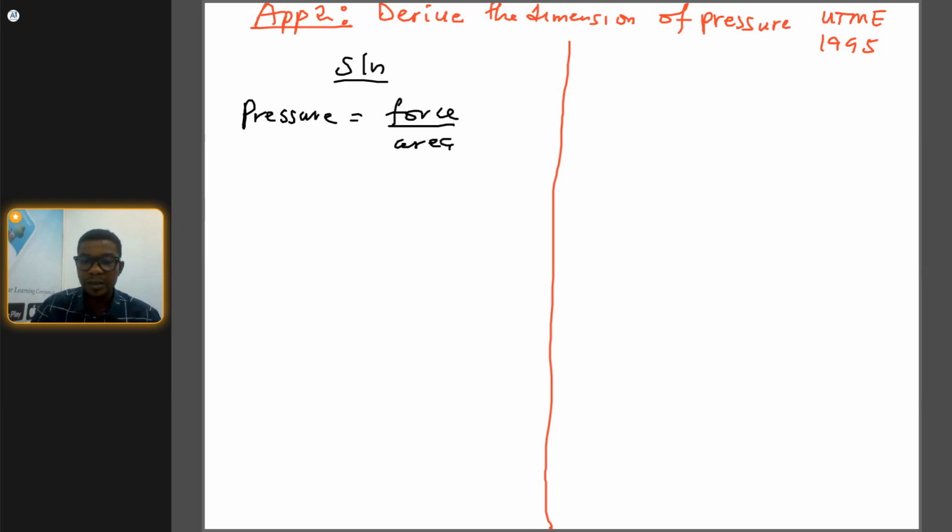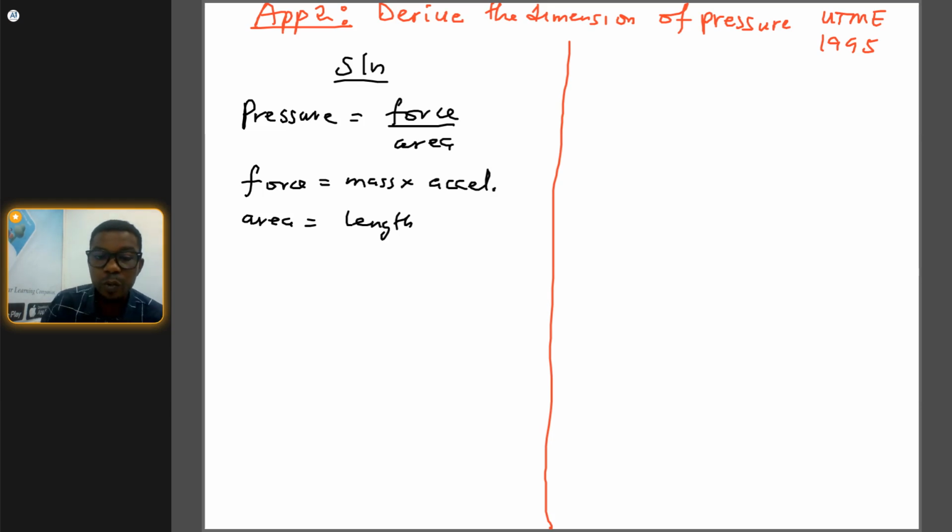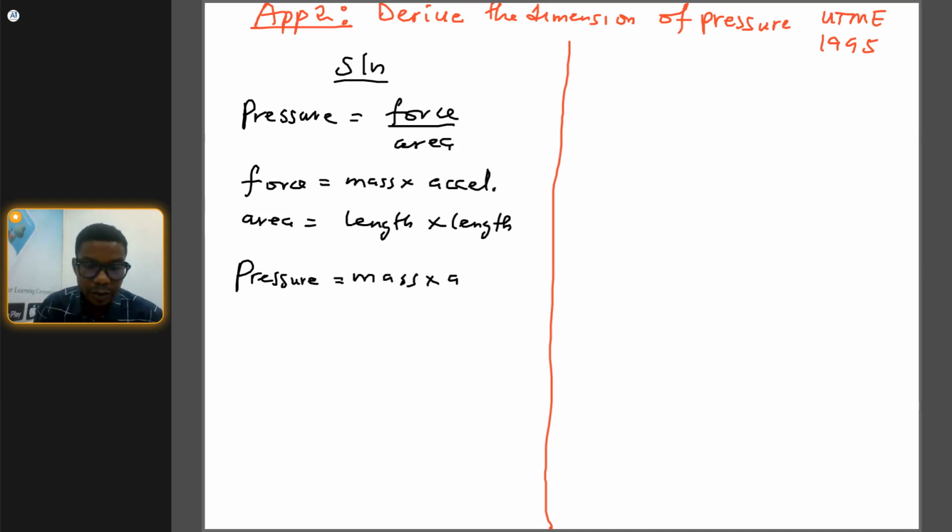So we have to start simplifying each of the formulas. Of course, force will be equal to mass times acceleration, and area will be equal to length times breadth. But in this case, we are working with length alone. So we say length times length. So pressure will be equal to mass times acceleration over length times length.